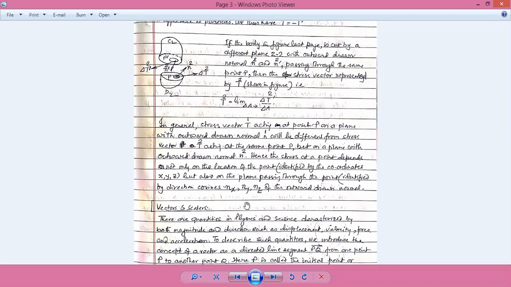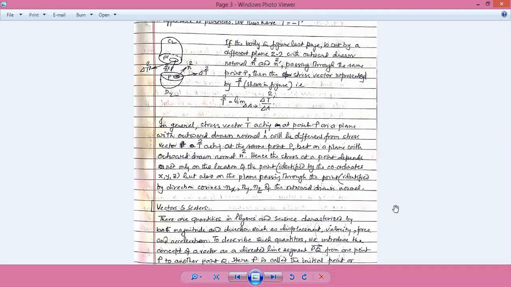The normals over these planes are different, and the forces and stresses acting over the planes are different from each other, although they are acting on the same point. Thus we conclude that the stress depends on a particular point, and on the area and the normal over which it is acting.